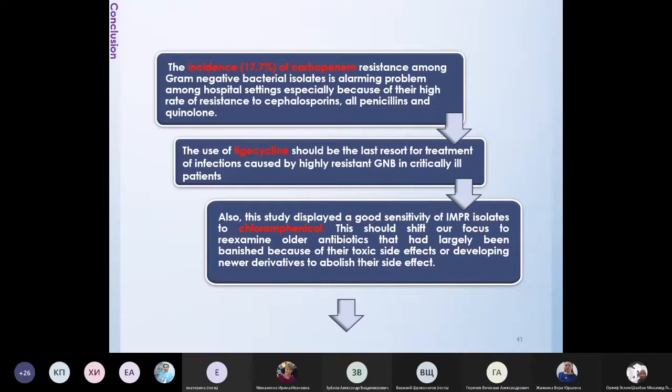Also, this study displayed a good sensitivity of imipenem-resistant isolates to chloramphenicol. This should shift our focus to re-examine older antibiotics that had largely been banished because of their toxic side effects, or to develop newer derivatives to abolish their side effects.